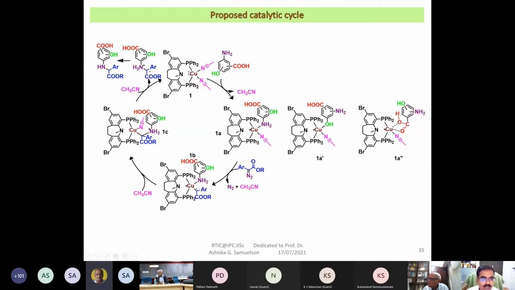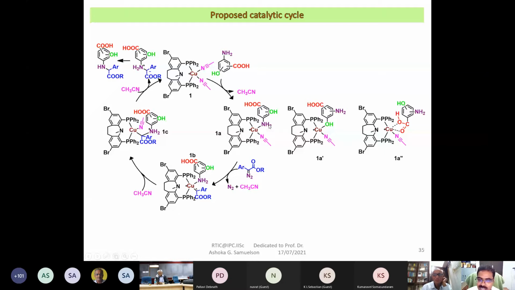We have taken our copper-1 complex, and we made a complex with this particular organic substrate. This one is NH coordinated, 1A prime is OH coordinated, and 1A double prime is acid coordinated. Here, 1A prime and 1A double prime are energetically very high when compared to 1A, and therefore 1A is the more stabilized one.